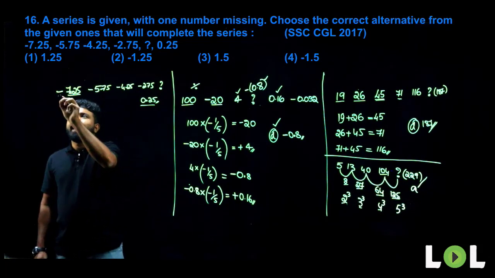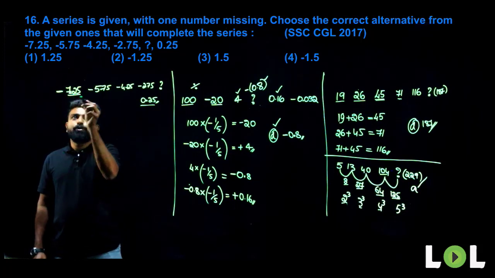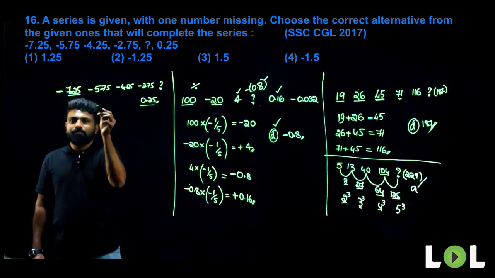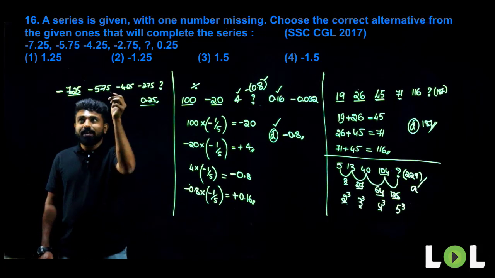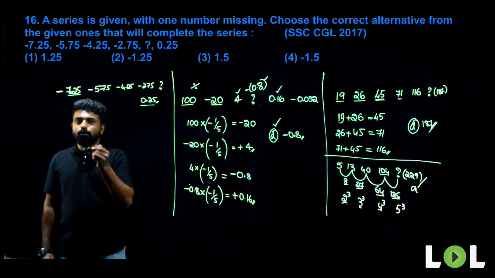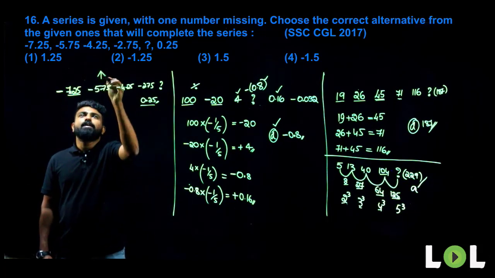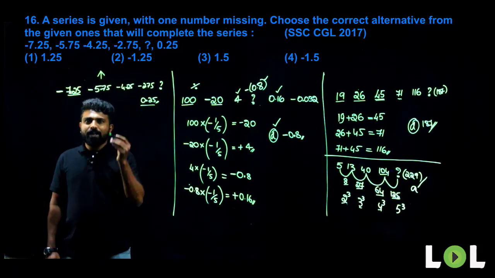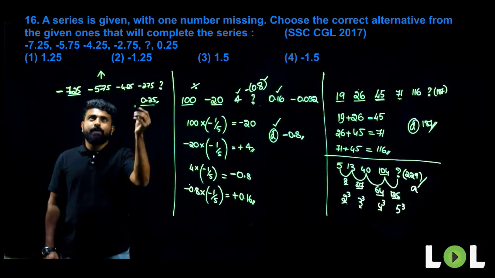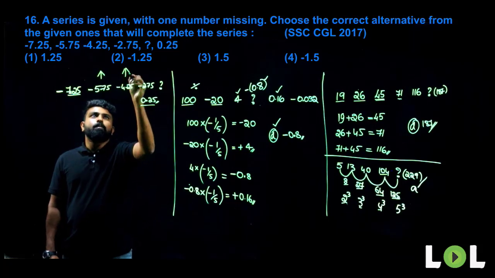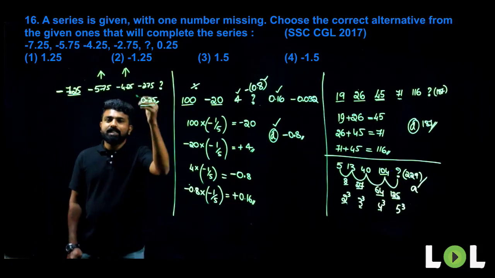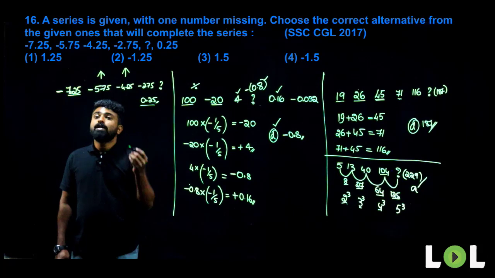Because there is a negative sign here, minus 7.25 and minus 5.75. Minus 5.75 is greater than minus 7.25, meaning there is an increment here. From minus 5.75 to minus 4.25, again there is an increment, meaning the terms in the series are increasing. So, there must be addition.